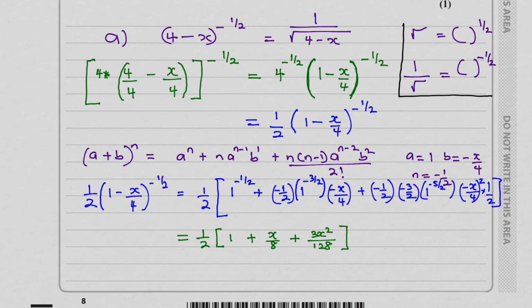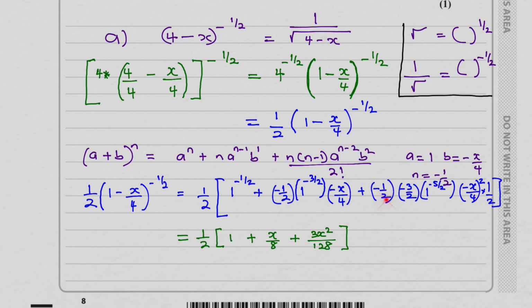That 1 to the power a half is 1, plus minus x times minus 1 is plus x, and you've got 2 times 4, that's 8. And you've got here minus 1 times minus 3, that's plus 3, then times x squared, that's minus x times minus x is x squared. So that will be 3x squared.